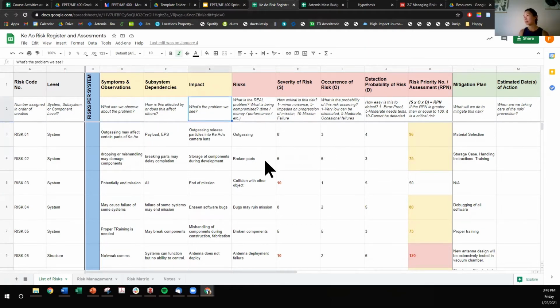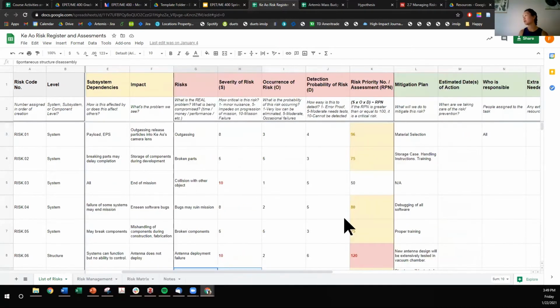And then you start, that was the identification problem. Then you are evaluating the level of risk from that hazard in these columns. And then you're figuring out how to address those hazards given their likelihood of occurring.